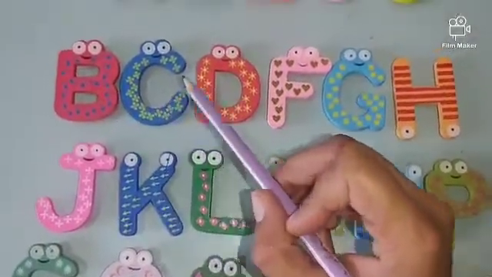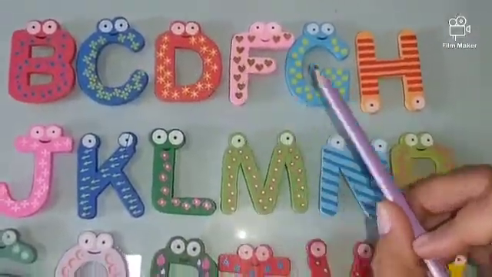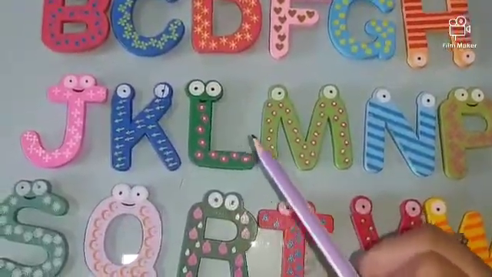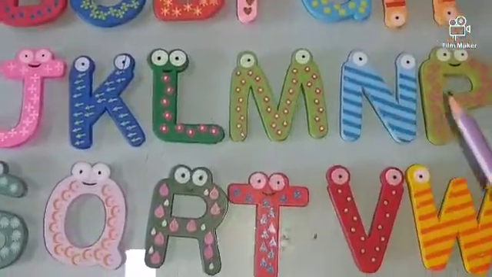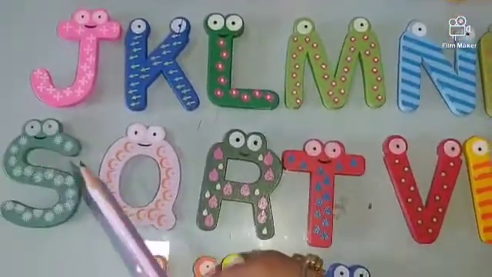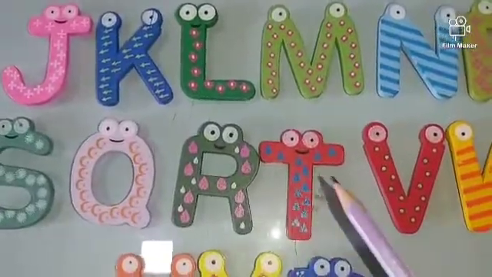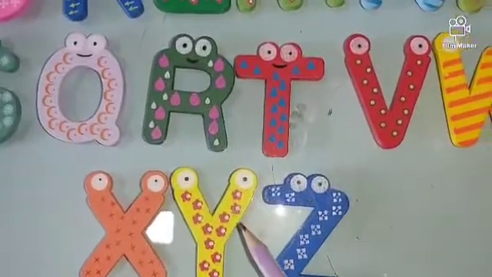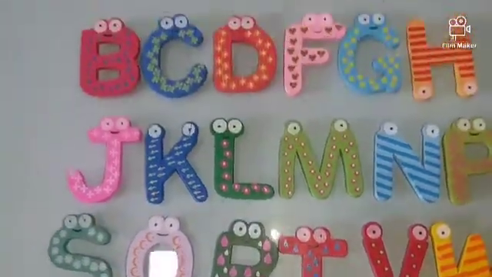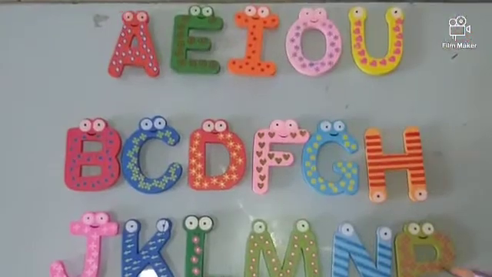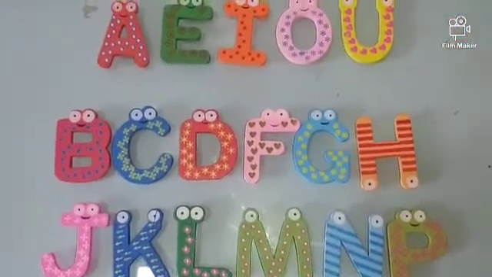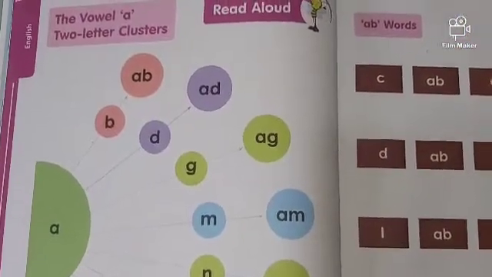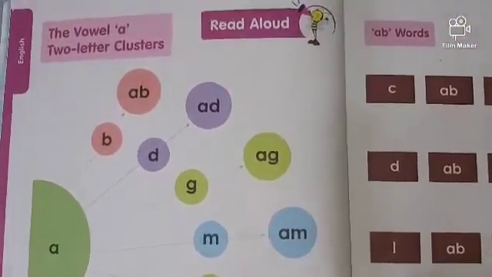B, C, D, F, G, H, J, K, L, M, N, P, S, Q, R, T, V, W, X, Y and Z. Yes, all these are the consonants. So, you remember now vowels and consonants? Good. So now, as we have revised the consonants and vowels, let's move ahead.